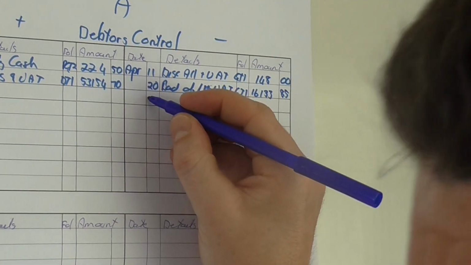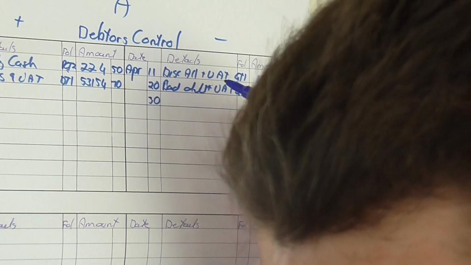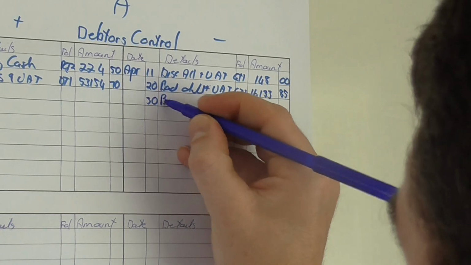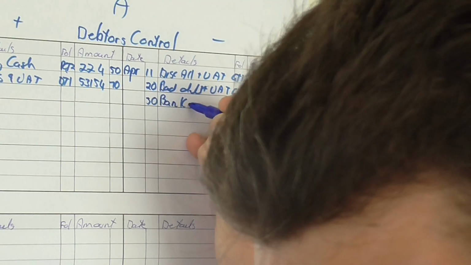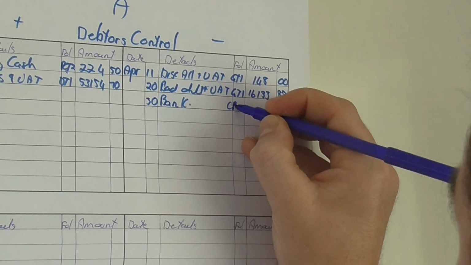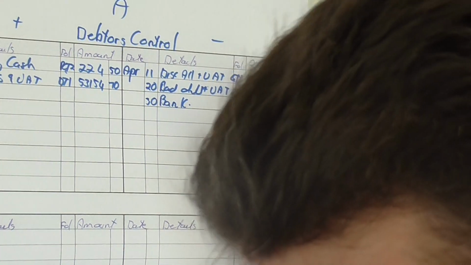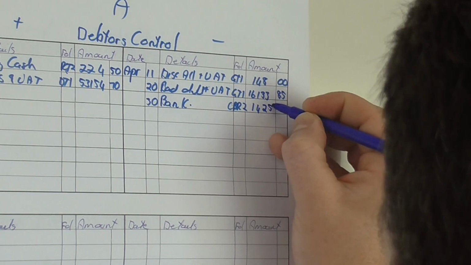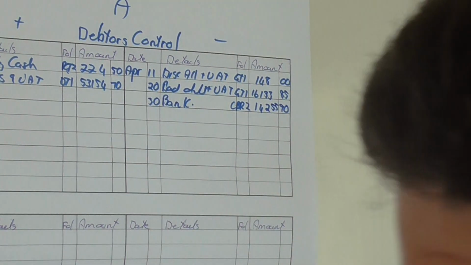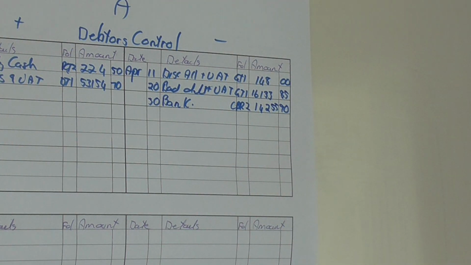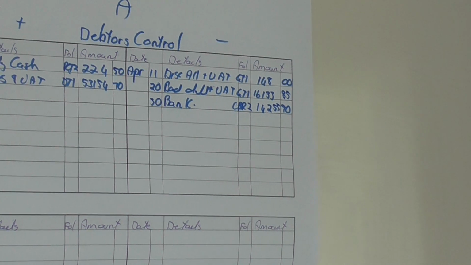So that'll be the 30th. That'll be bank. Cash book receipts 2, and that is 1425590.